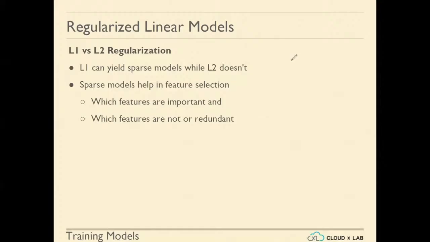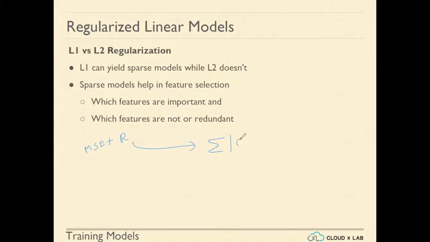What do I mean by sparse solution? So let's say you are taking MSE error, MSE plus regularization term. Now for this regularization term R, you can either take absolute error or you can take square error, or in other words, you can take L1 norm or L2 norm, right?